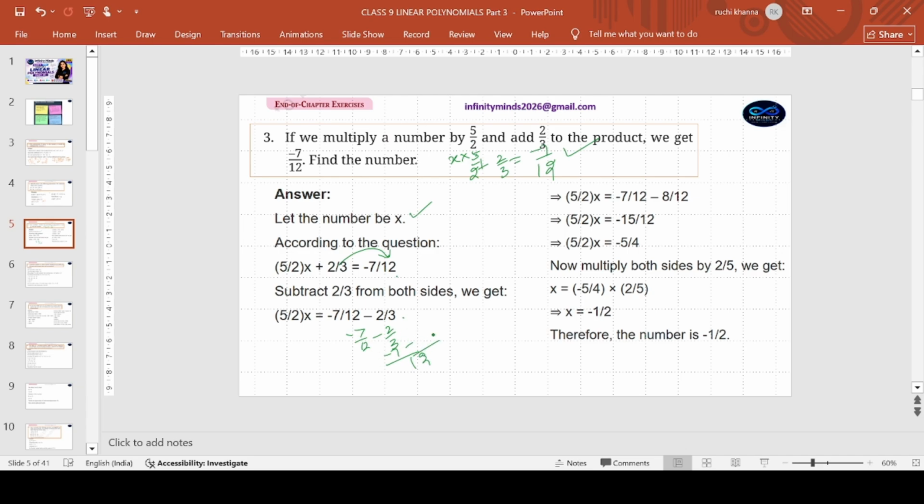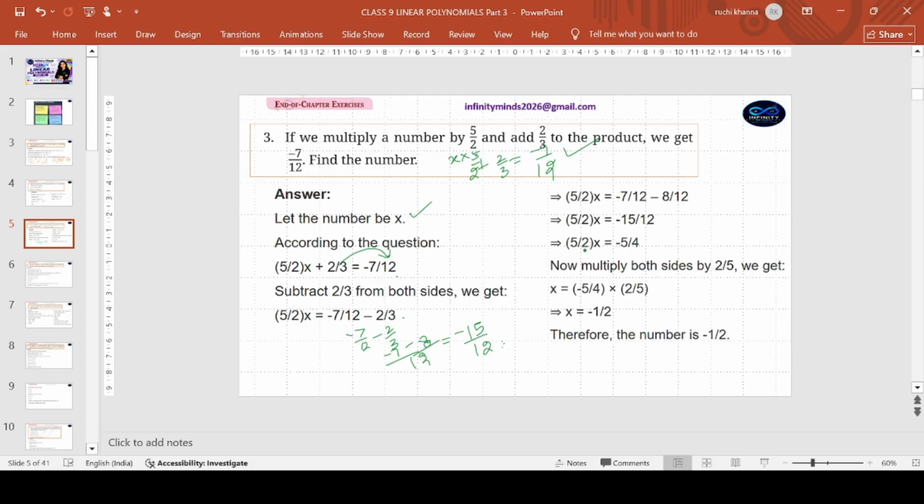Minus 3 will go 4 times. 4 into 2, 8. Integers. The base of maths is integers right from class 6. Your integers should be strong. Minus 7 minus 8 is minus 15 by 12. Suggested you can reduce this, or probably in the next step. So 5 by 2 times x is minus 5 by 12.